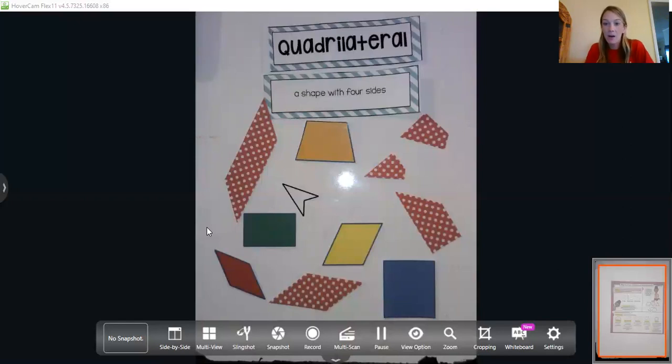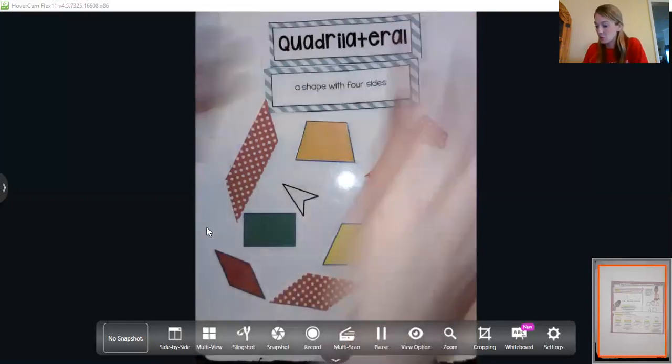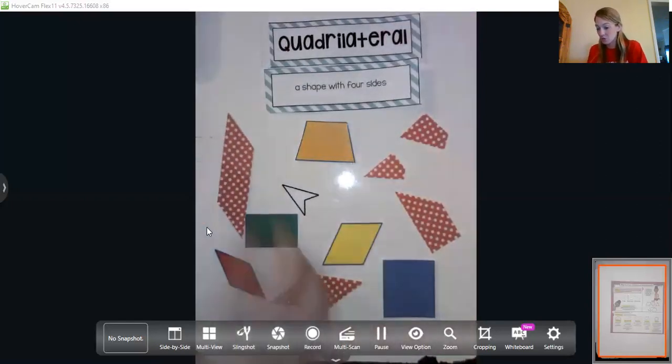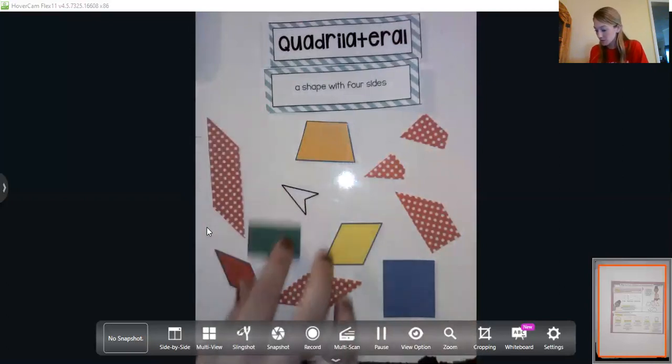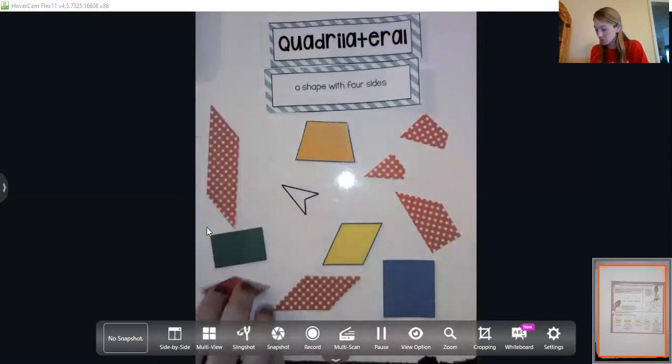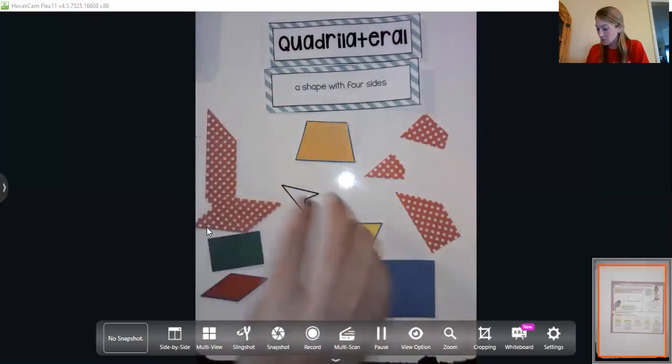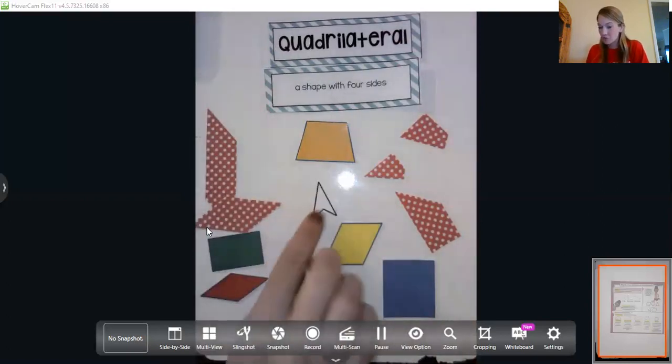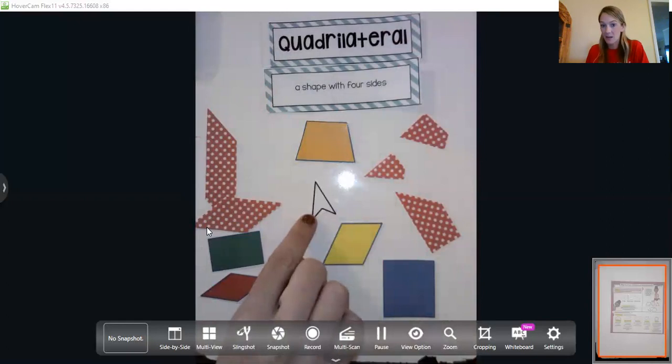Now, some are special quadrilaterals, and that means that they have special names, and some are just quadrilaterals that don't have a specific name for them. So I'm going to sort these real quick. This is a special quadrilateral. This one is special. Okay. Now this is a quadrilateral that does not have a specific name.